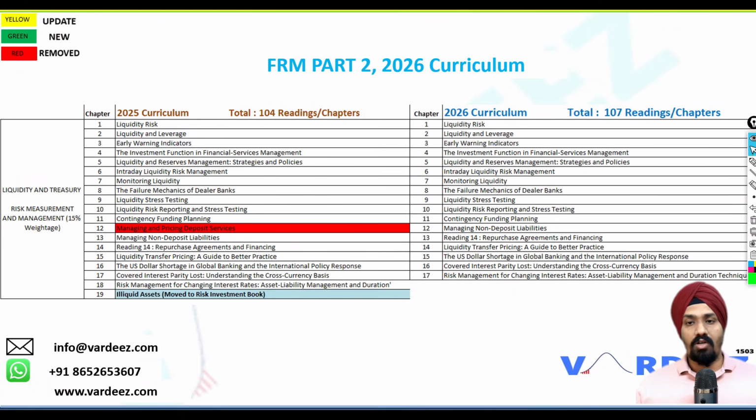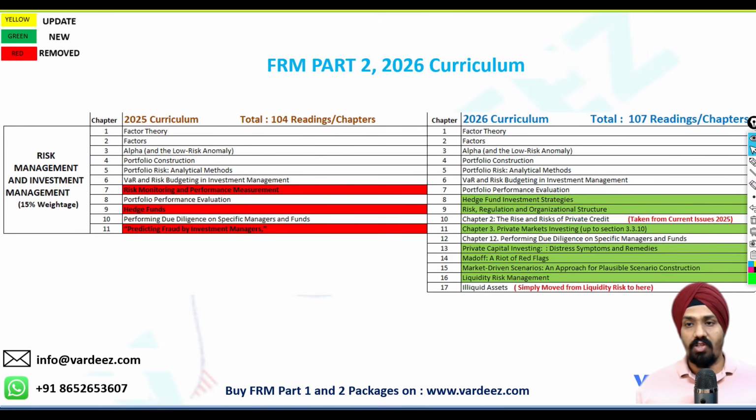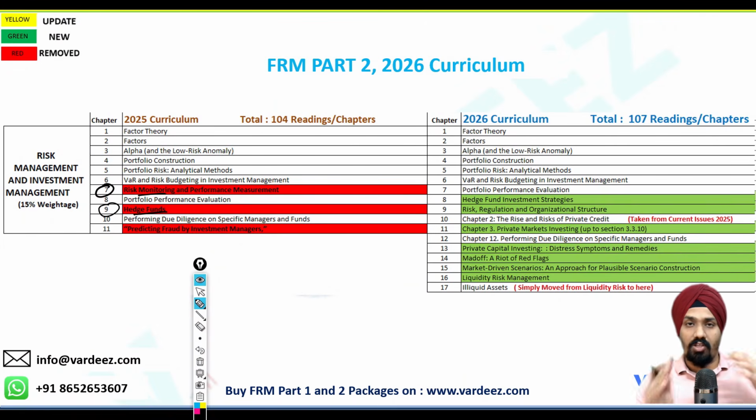Okay, moving on to the major change that has happened in the risk investment. Let's spend a little time here to understand what has changed. Chapter number 7, risk monitoring, has been removed. Hedge fund has been updated, but the old learning objectives, everything has been removed.